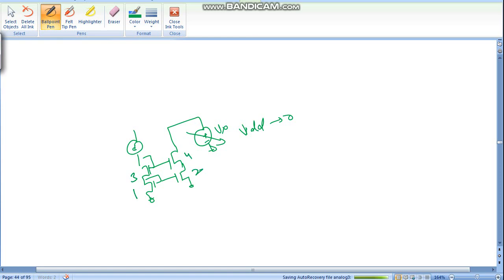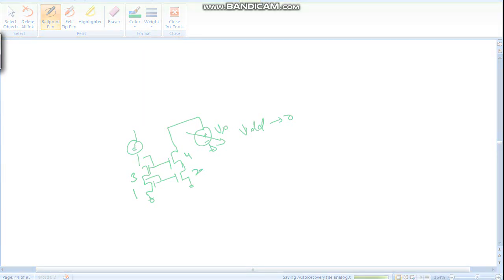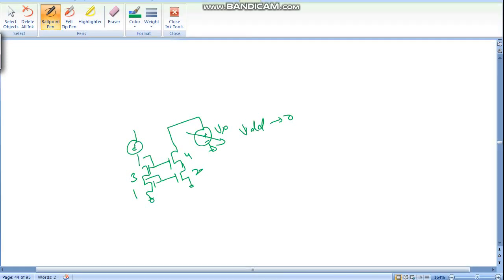Which device, M2 or M4, goes into the linear region first?